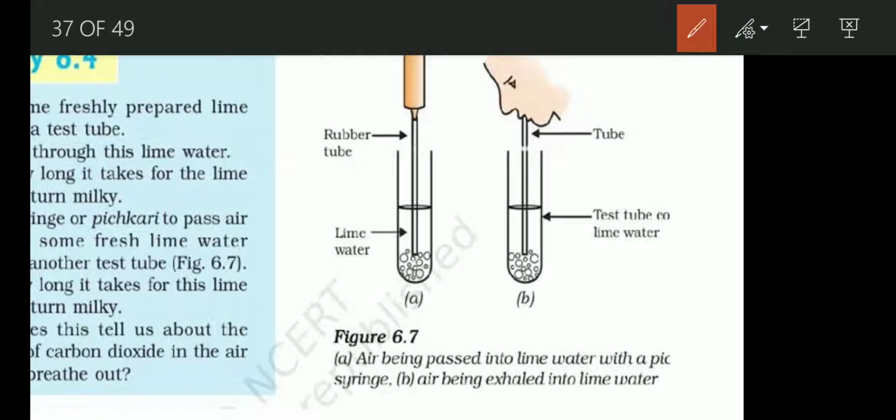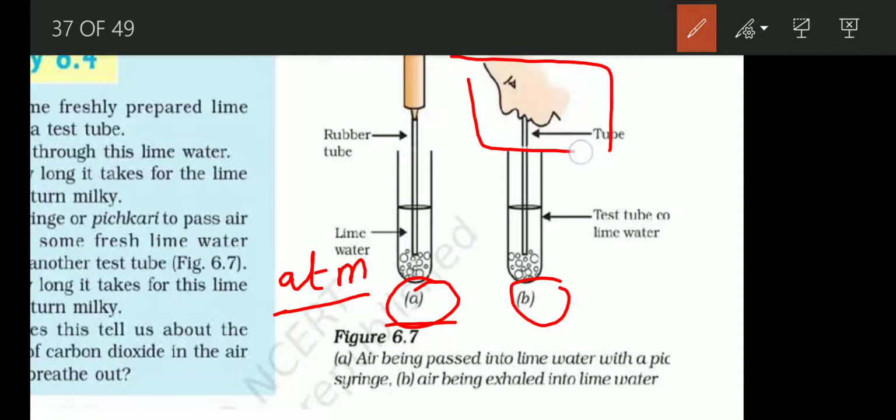If we take test tube A first, here the air is being inserted with the help of a pitchkari or with the help of a syringe. So the composition of air in test tube A will be the same as the air present in the atmosphere. But in test tube B, the air is exhaled by a human being.